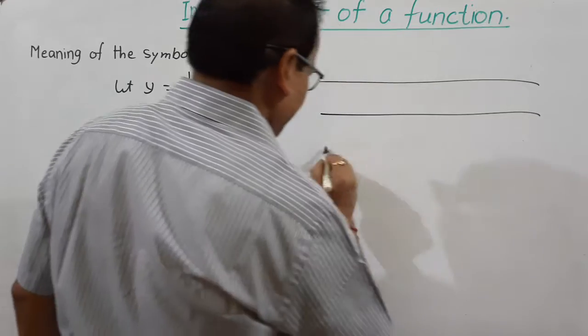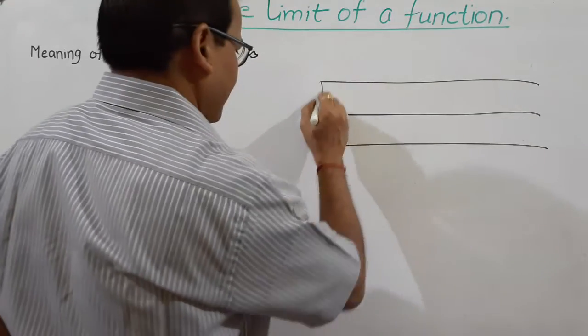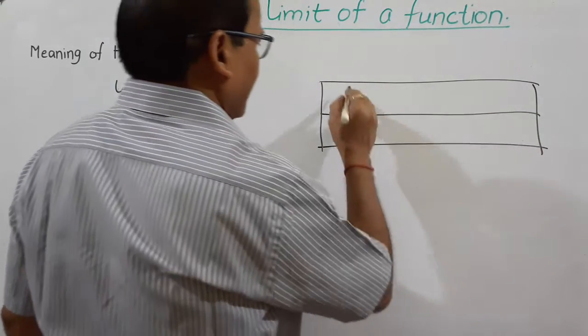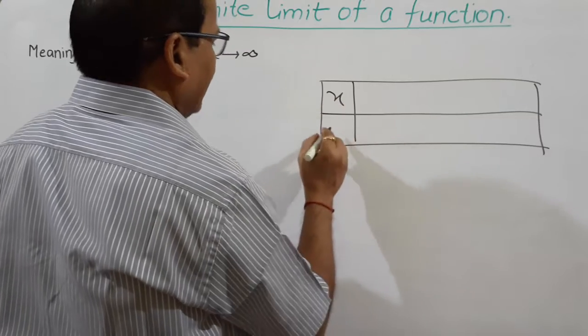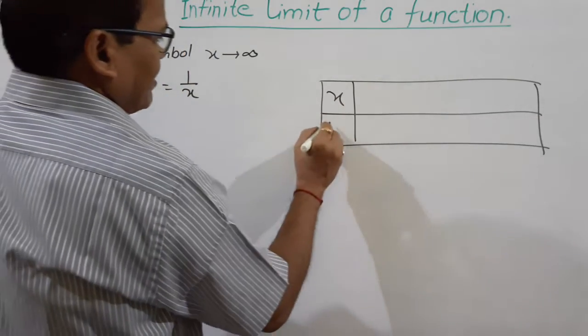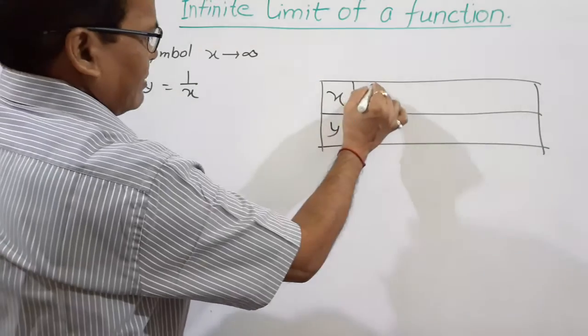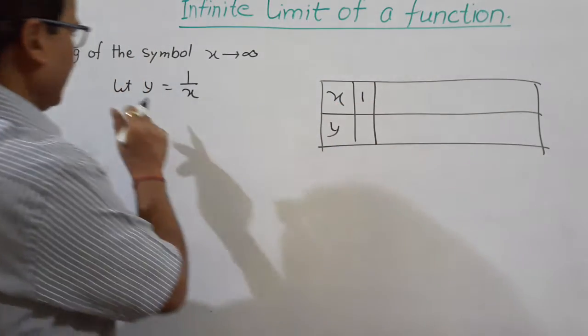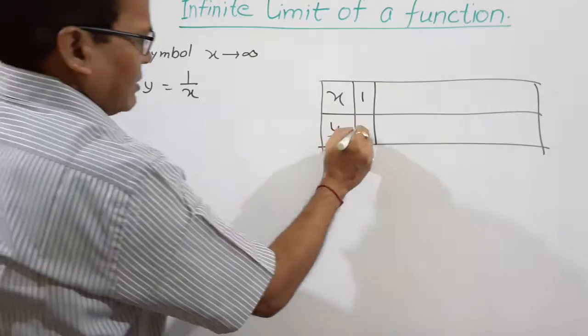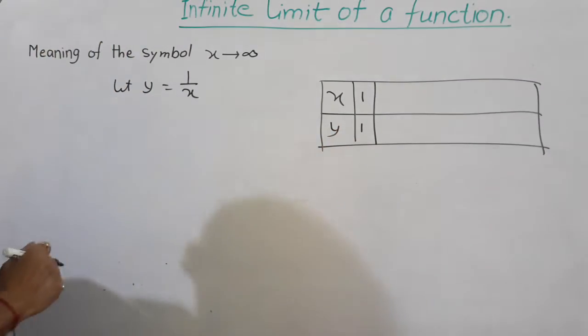Just see here. Here is x and here is 1 by x, meaning the y value. If the x value is 1, then 1 by x is also 1, meaning the y value is 1.